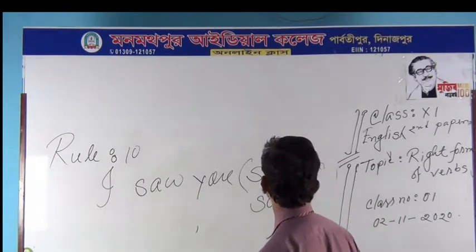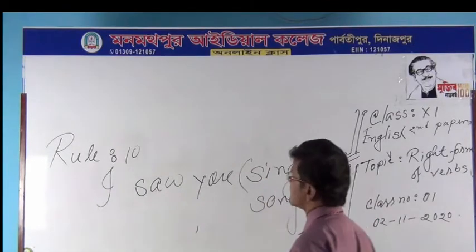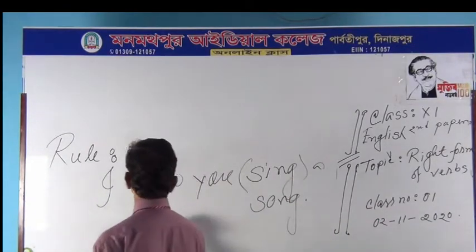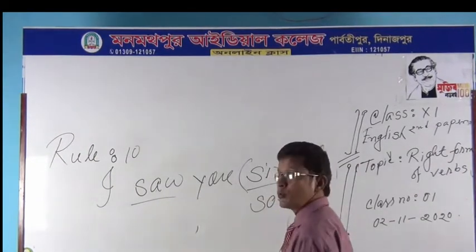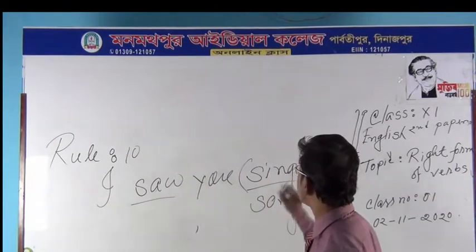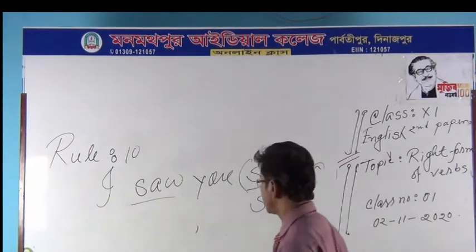I saw you sing a song. It's a simple sentence and there are two verbs. One is "saw", another one is "sing". So we have to add "ing" with this verb "sing". So the answer will be "singing".